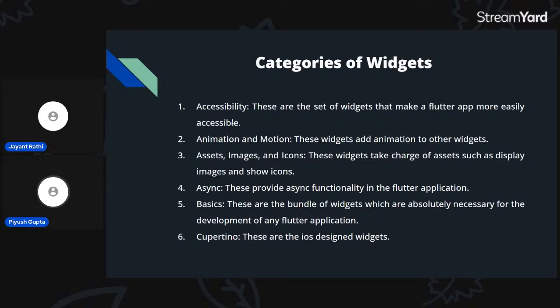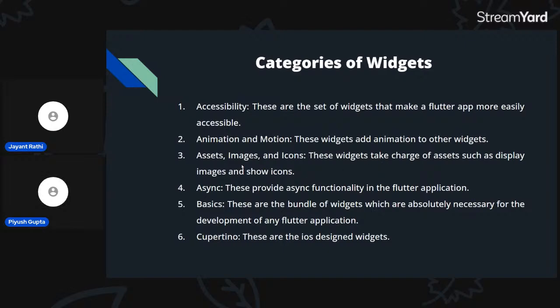So basically, the asset, image, and icon widgets simply show us the assets or images we have given to load in our app.